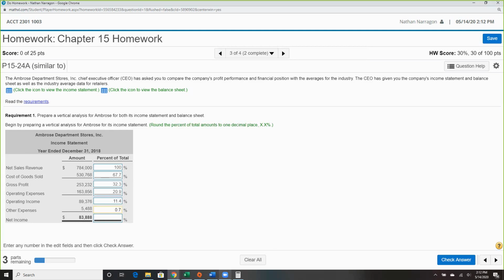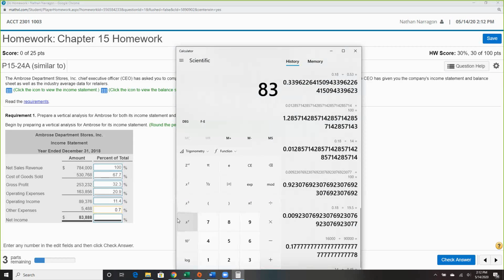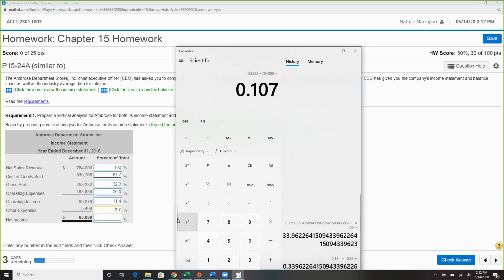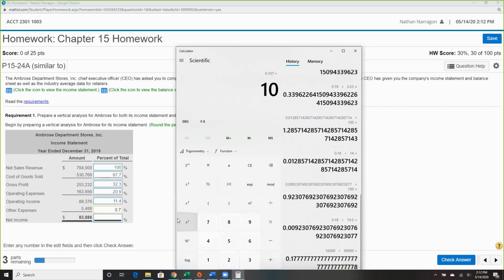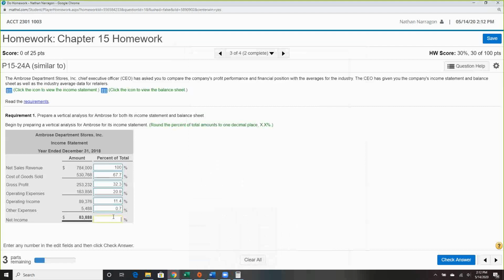And then the last number, $10.7. So we basically make about 10 cents on every dollar that we sold as part of our net income. Not bad. Making a dime.